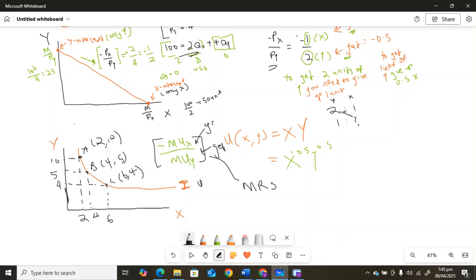So the marginal rate of substitution is just telling you how many units of X you need to give up to get Y. That's the slope of the indifference curve.